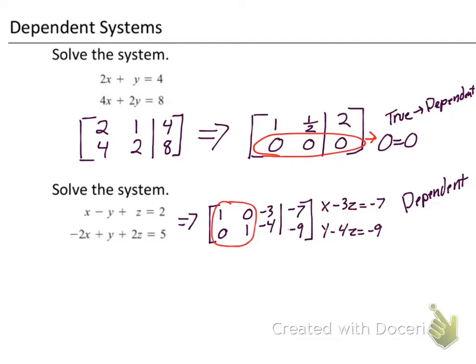Either you come up with zeros on the bottom and you know it's dependent, or you don't have enough information and it just becomes dependent like that. In fact, you could have known it was dependent right now unless, for some reason, you plug in your calculator and this row comes out to all zeros. It's most likely going to be dependent either way.